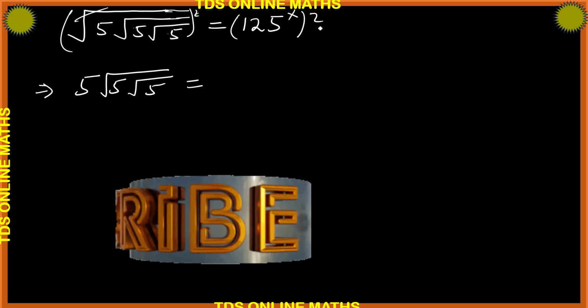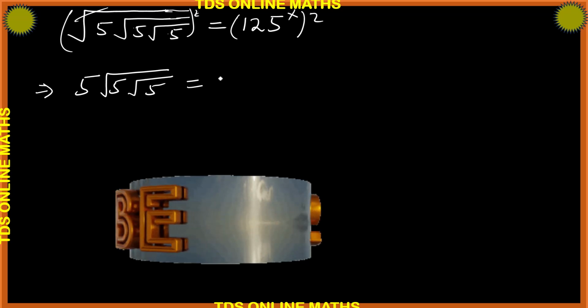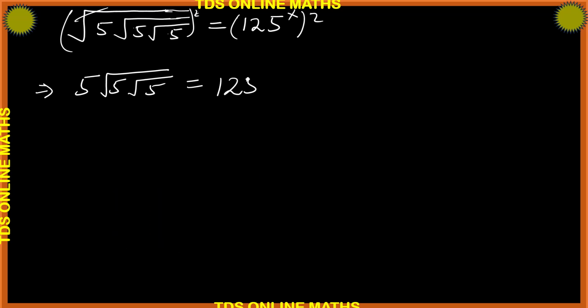So let's deal with the powers. So we have 125 times 2x. Now since we have everything in terms of 5 here, let's change this so that it won't be complicated.